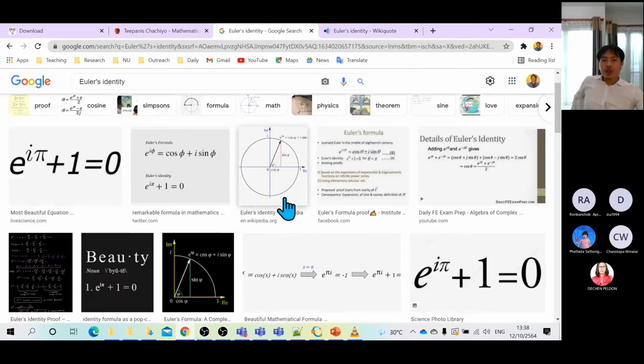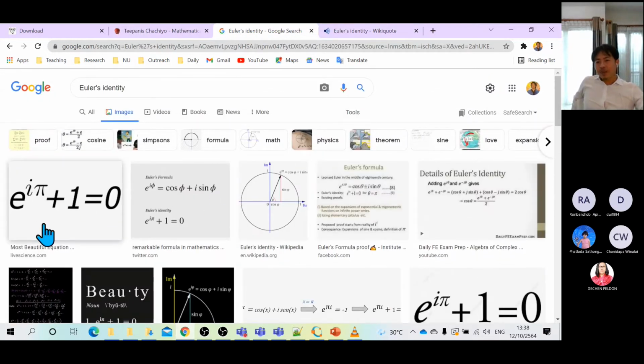Now, suppose we have that identity, e to the I. So what is the I here in the typical Euler identity? Does anyone know? Just to get people to talk to me a little bit. What is the I here in Euler identity? Is it imaginary part?